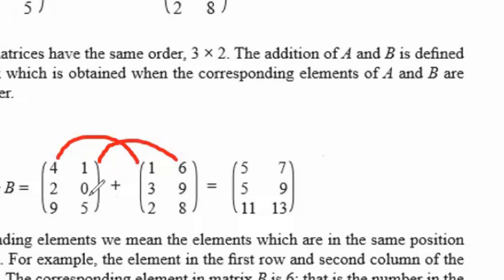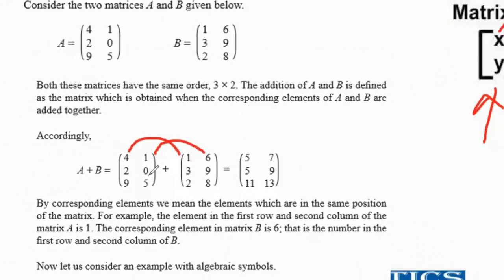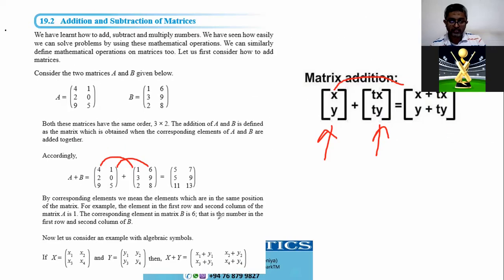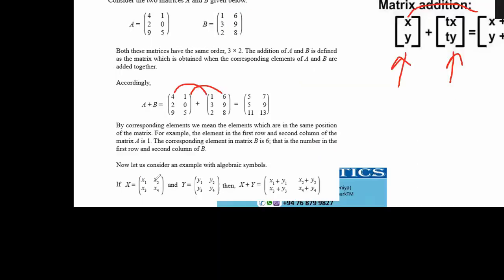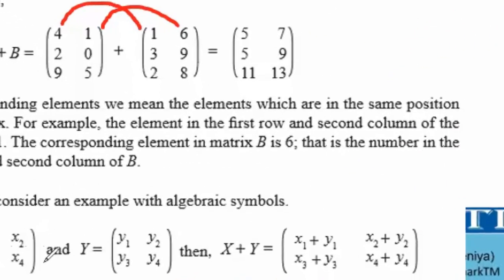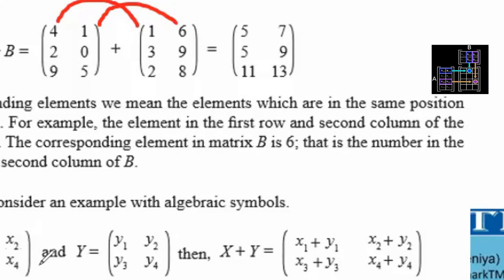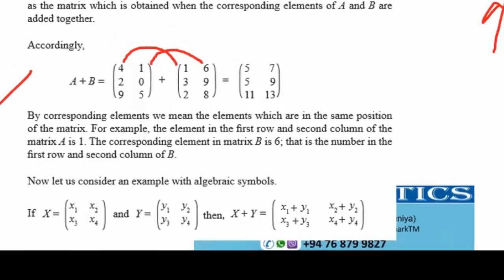We will only be considering the numbers. In short, the first one will be x1 plus y1, x2 plus y2, x3 plus y3, x4 plus y4, right? So this is how the addition works, and subtraction is also the same.